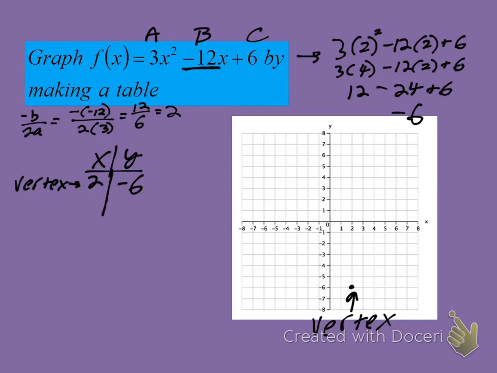Negative b over 2a, you do that first, and then you plug that number in to get your vertex. Now, your vertex is what starts with an M? It's the middle.